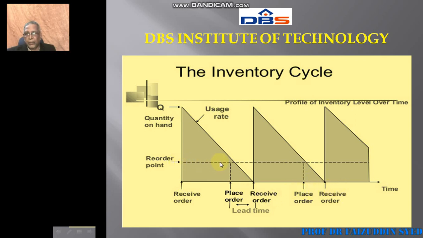So we are keeping some stock from the reorder point to the timeline x-axis. This much material we are keeping in stock, and at the first dotted vertical line, we place an order.